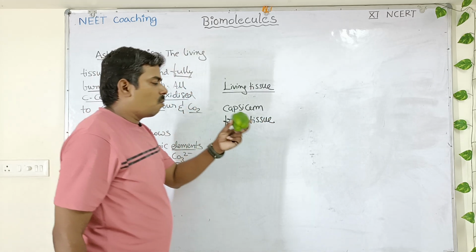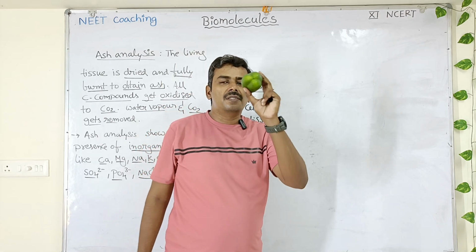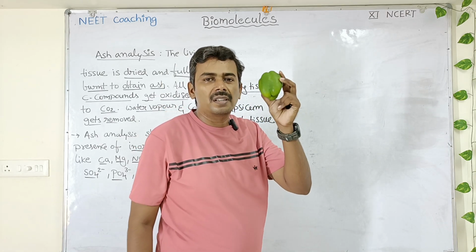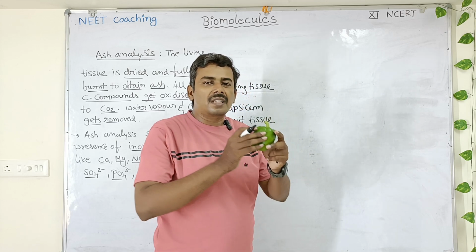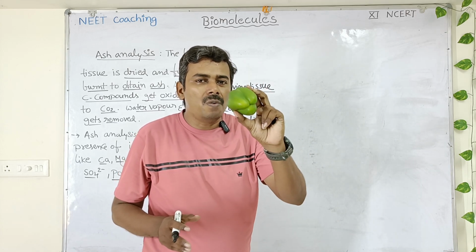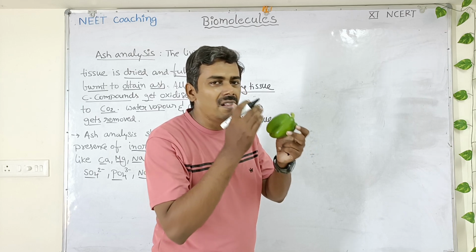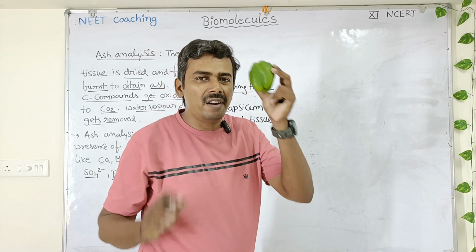Now what I do is I will dry this capsicum fruit in sunlight. Once the capsicum fruit gets completely dried, it becomes brown and shrinks in size. All the water content gets evaporated from this fruit.